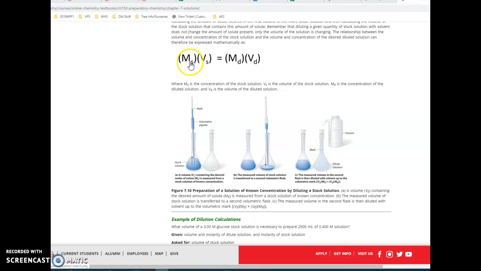So you can see that the amount of moles would be contained in this volumetric pipette. So that would be your volume that you started with, and it would have whatever molarity the stock solution had, and then it would be the same number of moles, the same amount of blue stuff is still in this diluted solution, but its concentration is diluted now because it has a larger volume. So hopefully that helps you visualize what's going on.